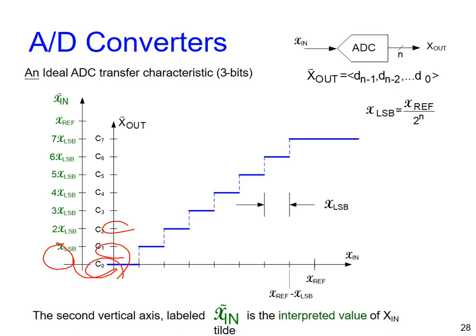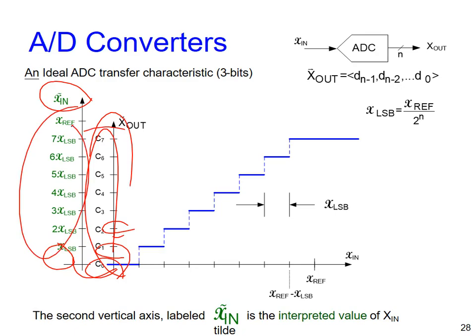Okay? So if you convert back, ideally, from the digital code to, for example, voltage, you get the representative value for your digital code. We have the input voltage with a tilde, some kind of Greek letter or something.